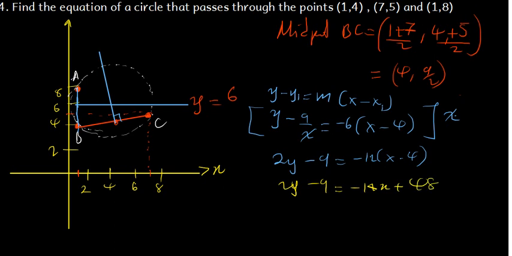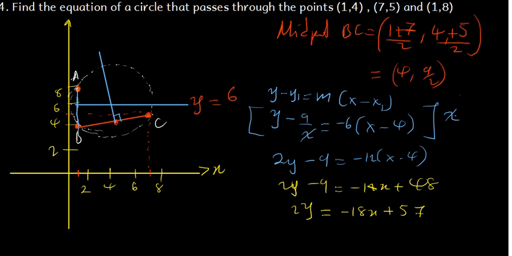So take 9 to the other side. That is going to give us what? 2y minus 9 is equal to negative 12x plus 48, and we are taking 9 to the other side, so 2y is equal to negative 12x, 48 plus 9, so the 9 will add up that side. That is going to give us 57.